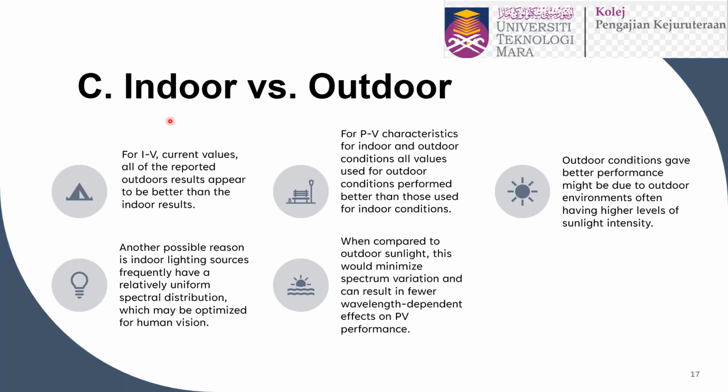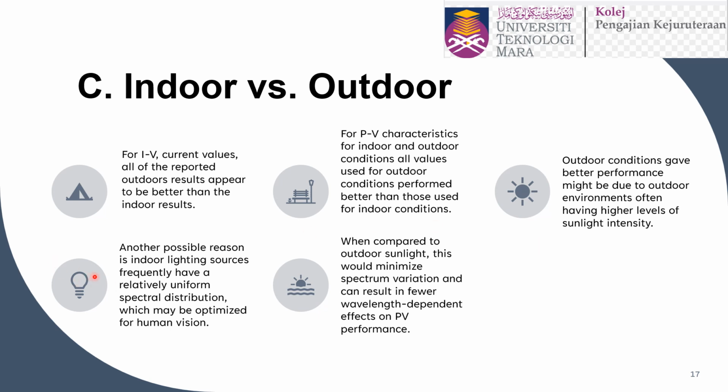This slide shows the performance of indoor versus outdoor. For IV current values, all of the reported outdoor results appear to be better than indoor results. The same goes for PV characteristics. It shows that PV for outdoor conditions is better compared to indoor conditions. The reason might be that outdoor environments often have higher levels of sunlight intensity.